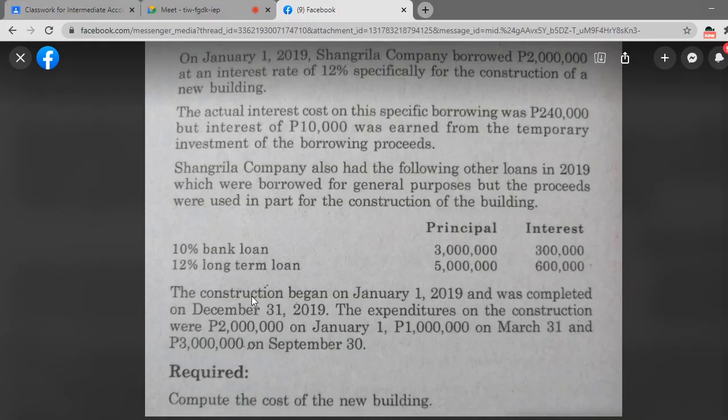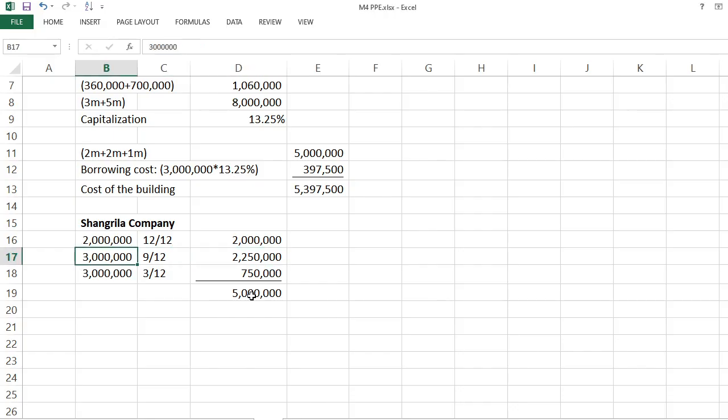Sorry, March 31, it was actually 1 million. Sorry po. Okay, 3.5. The average expenditure was 3.5. So, on average, what we spent for the building is 3.5.